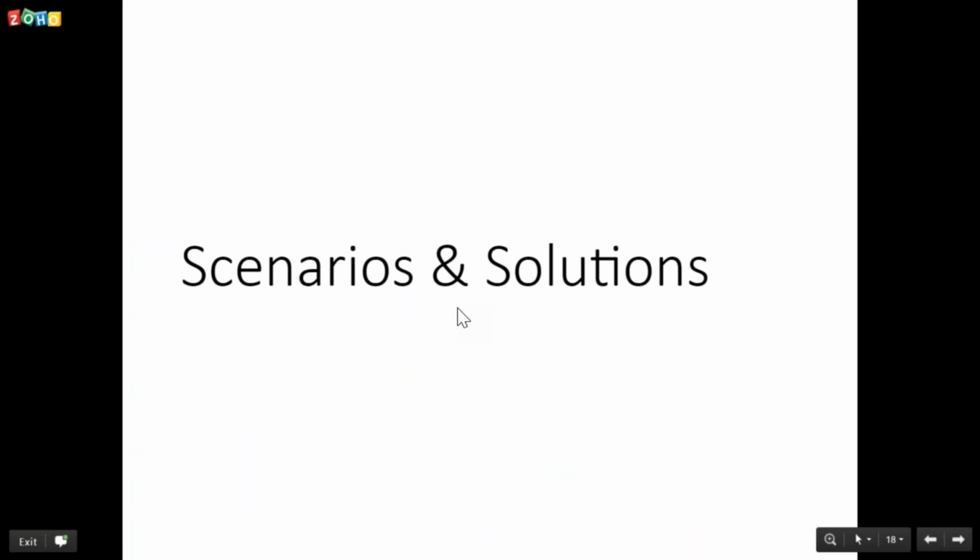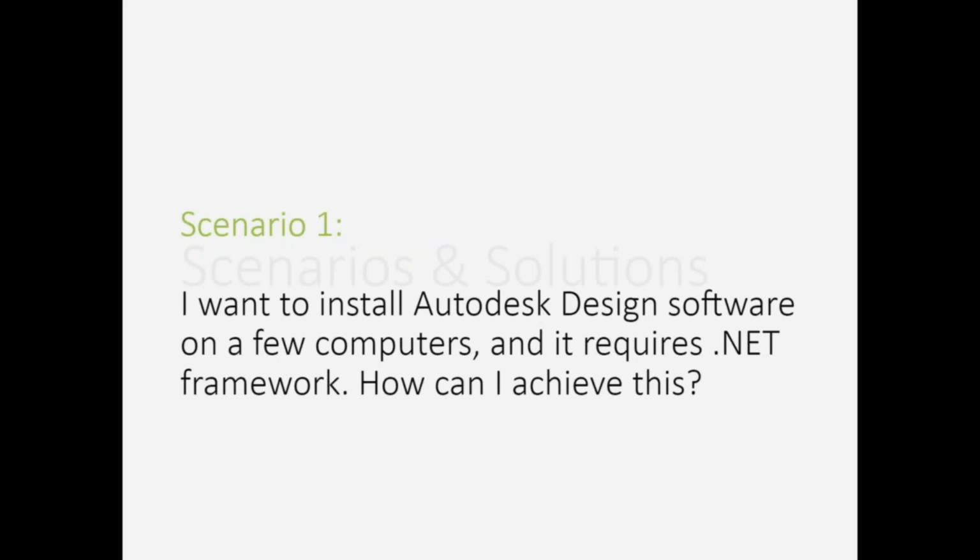All right. So now let's move on to the scenarios and solutions. Scenario number 1: you might have an application requirement to deploy Autodesk design on a few machines, but it requires the .NET framework as a prerequisite.